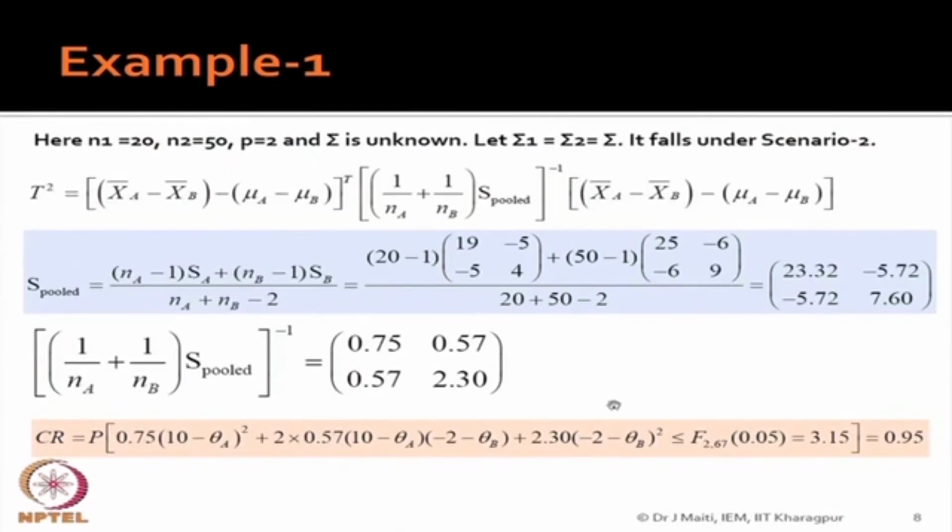It is the same thing with more computation. You find out T square, then find your sampling distribution, and you make this confidence region.